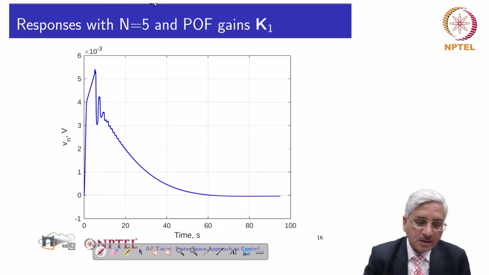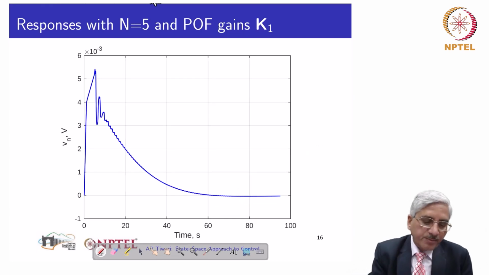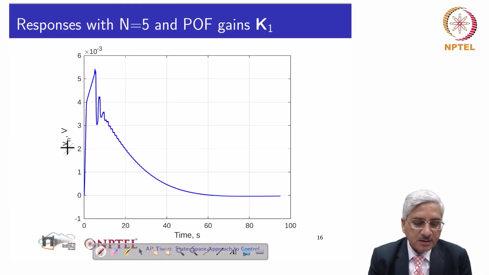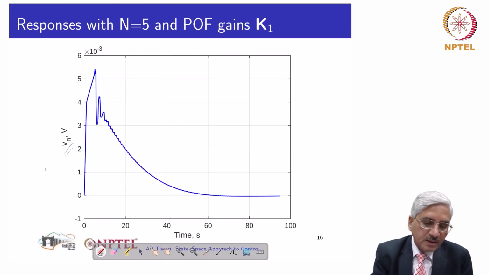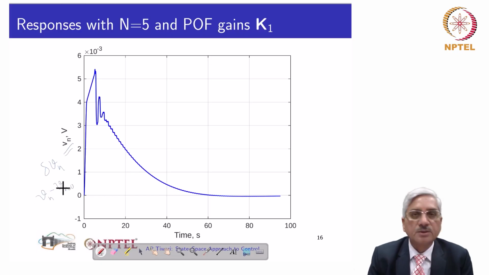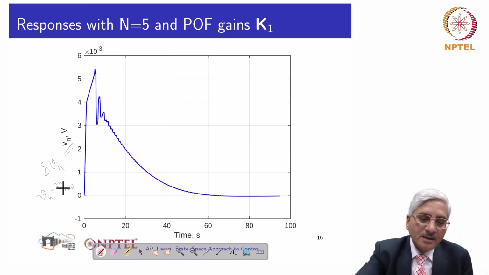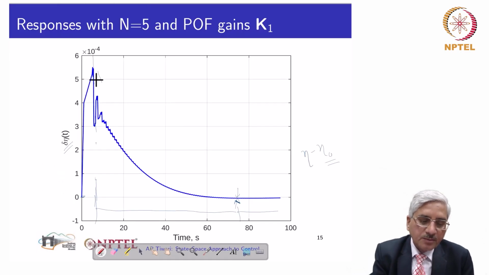The same thing is also reflected by the plot of that linear voltage. This is actually delta Vn, which is Vn minus Vn at t equal to 0, the steady state value. And this profile is identical to the neutron density profile.